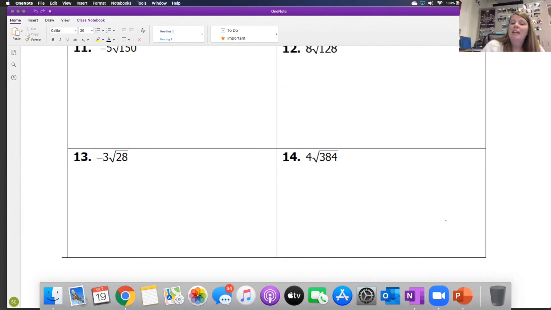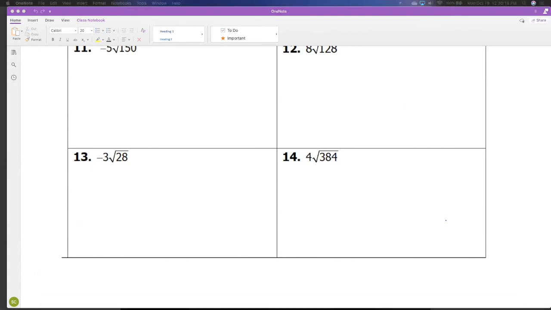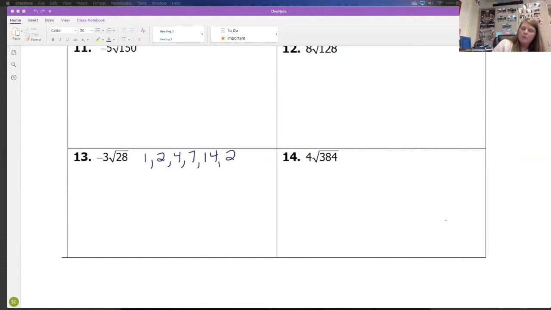Does 16 go into 28 evenly? It doesn't. So what might be helpful is if we list the factors of 28: 1, 2, 4, 7, 14, and 28. All of those numbers divide evenly into 28. What's the biggest perfect square in that list?